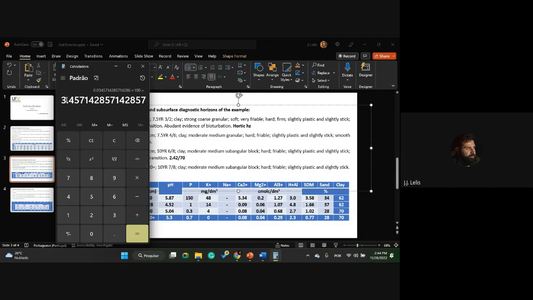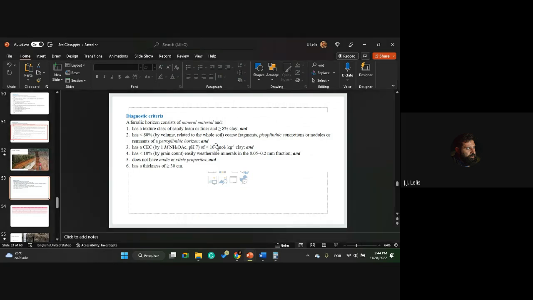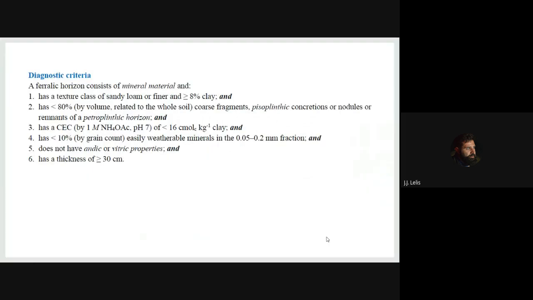So we have, in this case, a cationic exchange capacity divided by the clay content that's equal 3.4. And it's lower than 16. So in this case, this criteria is followed too.